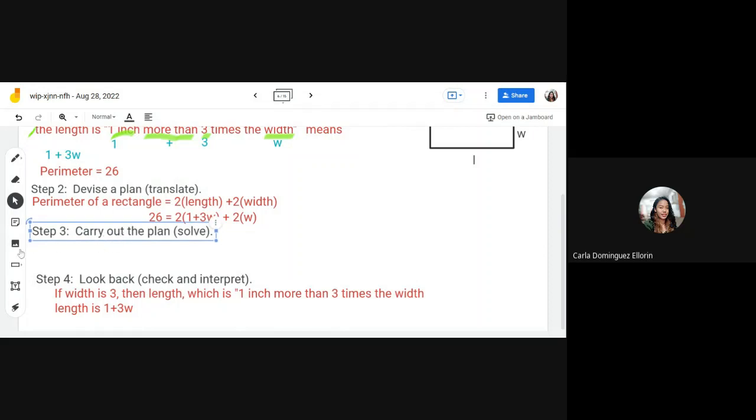Okay, so carry out the plan. Given, our equation is 26 is equal to 2 times 1 plus 3W, plus 2 times width. So, this is our equation.